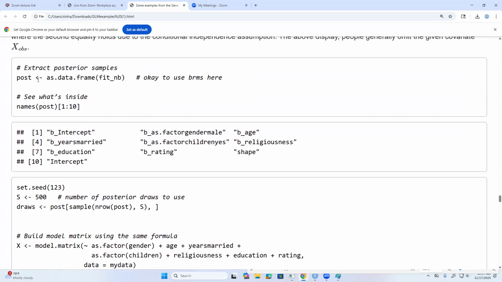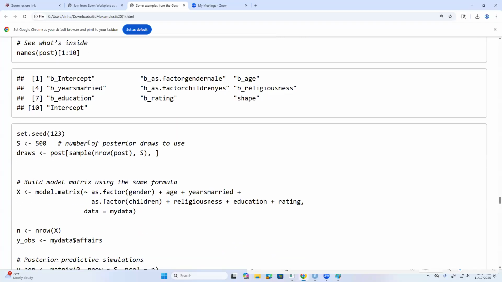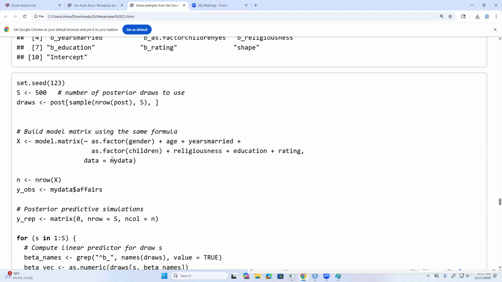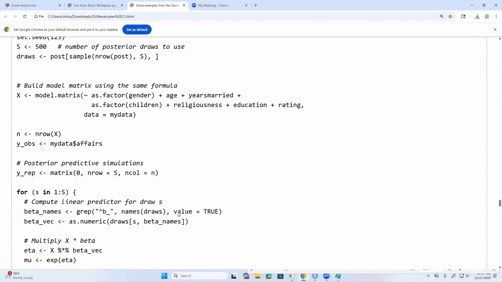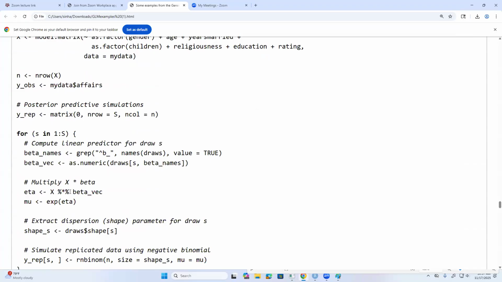remember the posterior distribution. This is the posterior samples, okay? Fit negative binomial. If I write this one, that stores my posterior observations. So for every posterior observation, I'm going to sample this y value. For every posterior observation, this is what I call beta vec, calculate this eta. Eta is used to calculate mu, right?